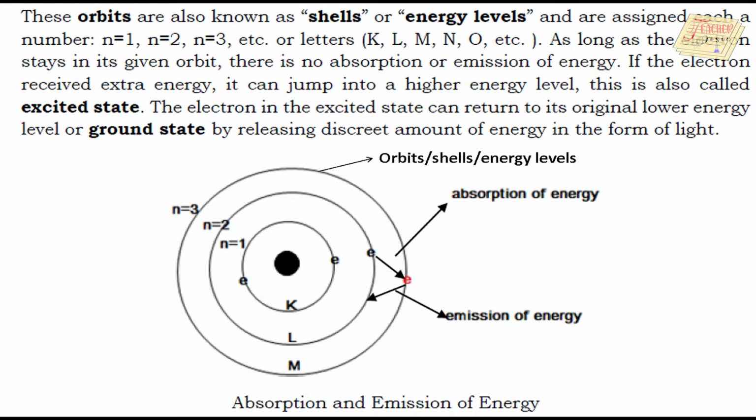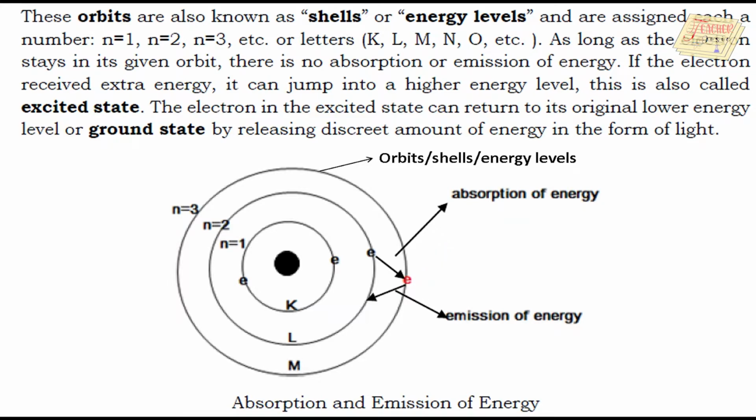These orbits are also known as shells or energy levels and are each assigned a number, N1, N2, N3, etc., or letters K, L, M, N, O, etc. As long as the electron stays in its given orbit, there is no absorption or emission of energy. If the electron receives extra energy, it can jump into a higher energy level.